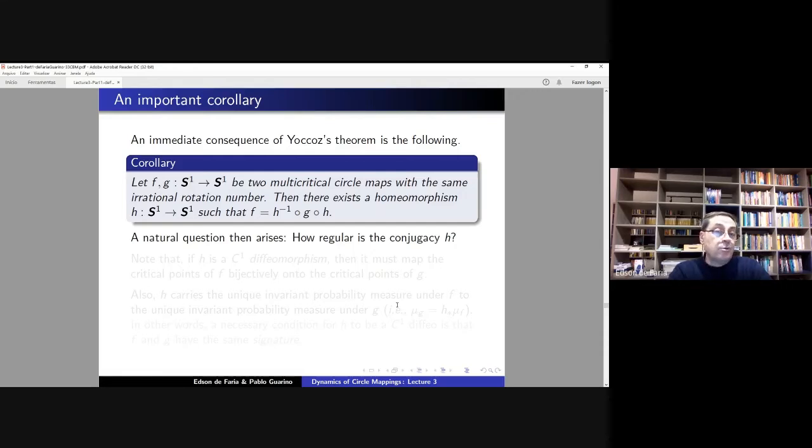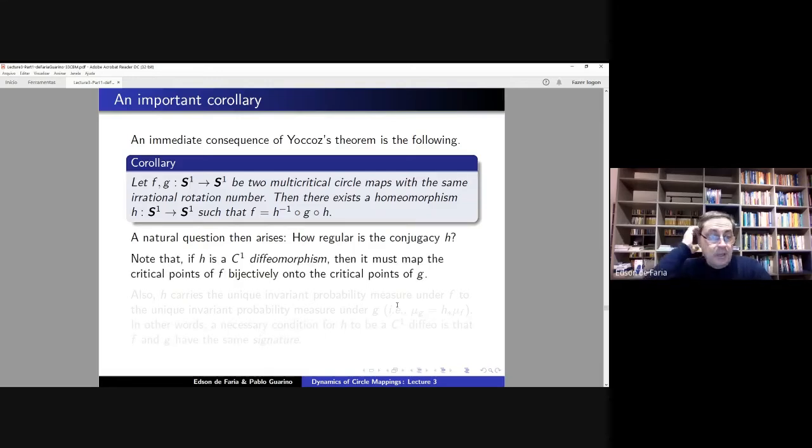In the unicritical case, where there's only one critical point, this problem has been essentially solved. But here I'm talking about multi-critical circle maps in general. So if you have a C^1 diffeomorphism conjugating these two maps, then the first thing you see is that they have to have exactly the same number of critical points, and the conjugacy has to carry critical points of f to critical points of g.